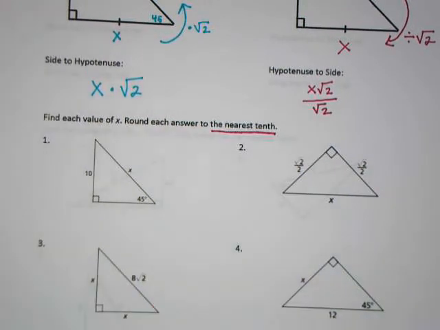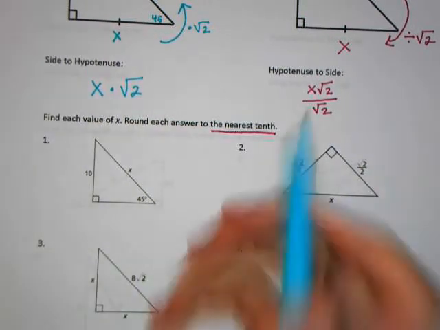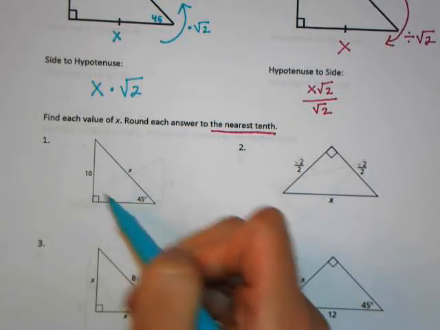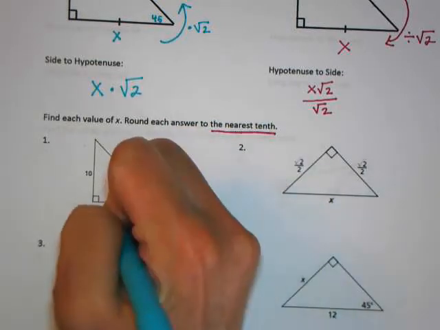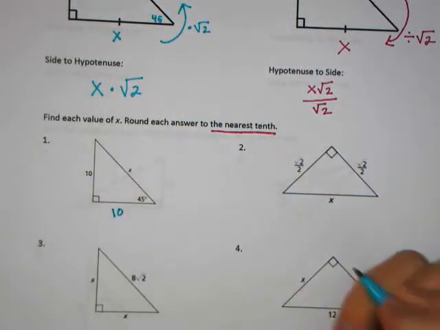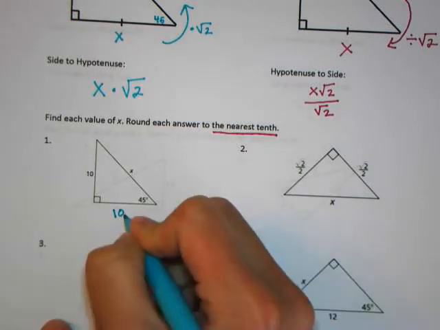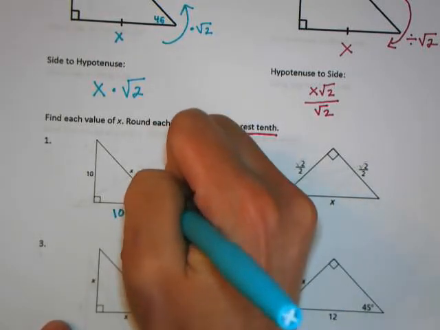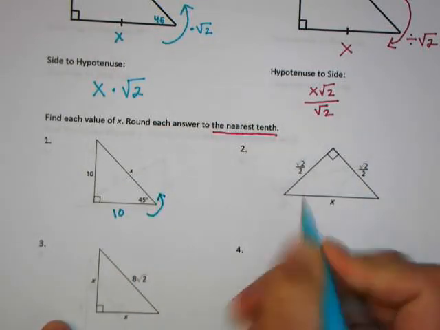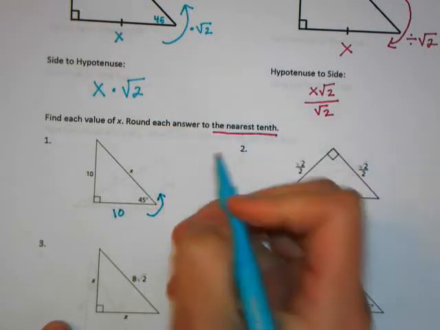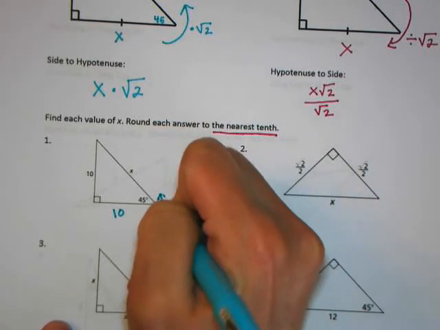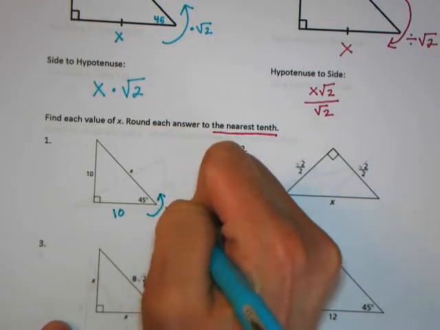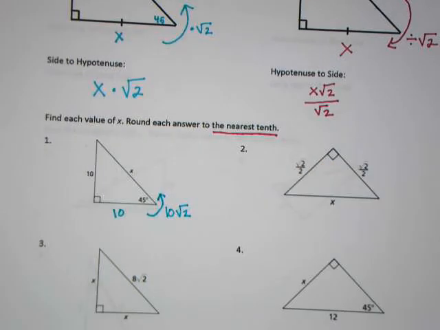Alrighty, number 1. Okay, if my first given side is 10, and we know that these are congruent, this is going to be 10 right here. We are working from our side to our hypotenuse. So like our notes say above, we are going to multiply 10 times the square root of 2.